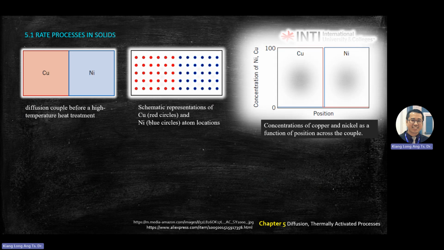So after heat treatment, what do you think the graph will be? What do you think the graph will be when mixing or diffusion happens? What happens to the graph? We have two materials. What do you expect?